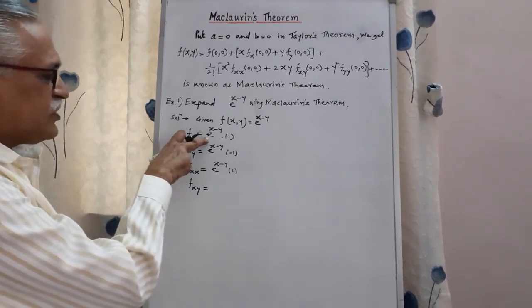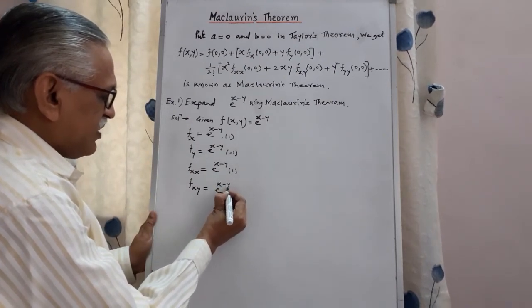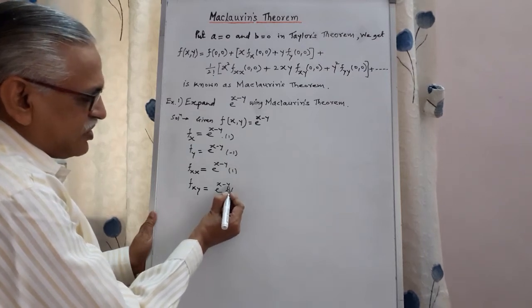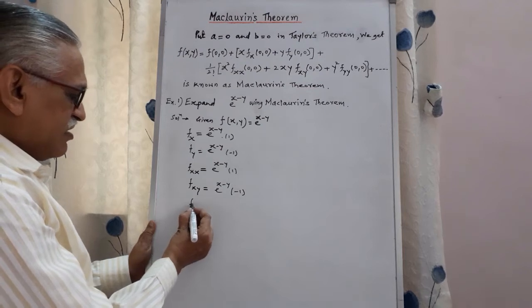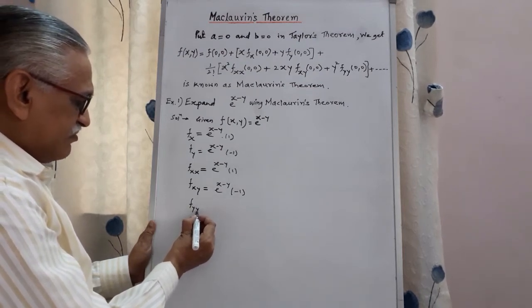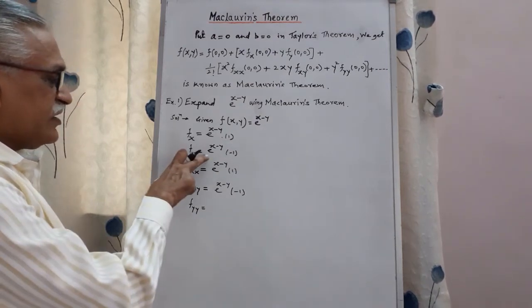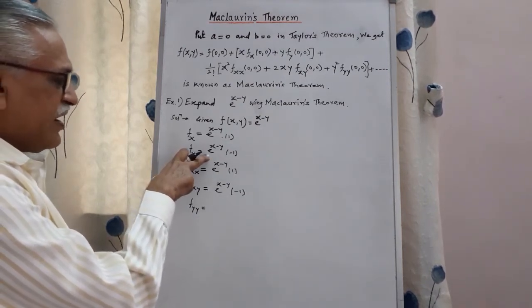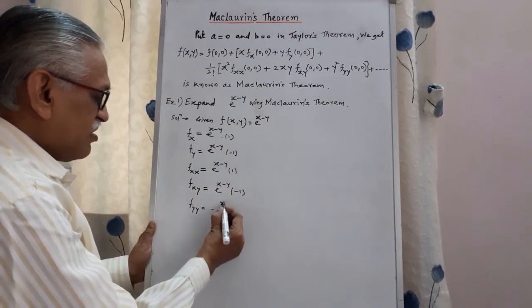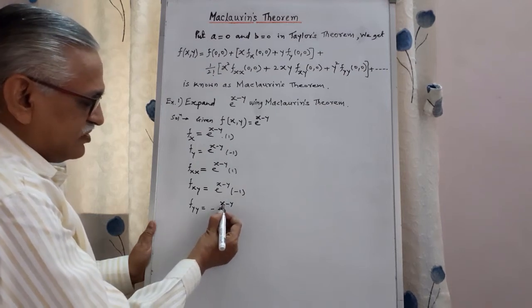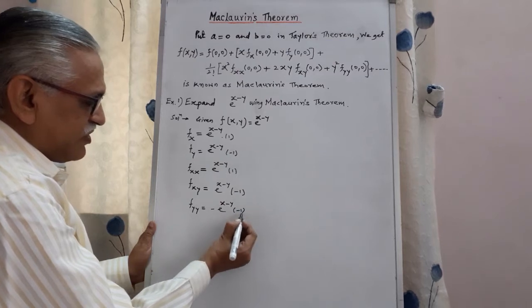I will differentiate this with respect to y. Its derivative is e raised to x minus y, and by chain rule derivative of this term with respect to y is minus 1. And f_yy is obtained by differentiating this with respect to y. Therefore, it is minus e raised to x minus y, and differentiating these two terms with respect to y, its derivative is minus 1.